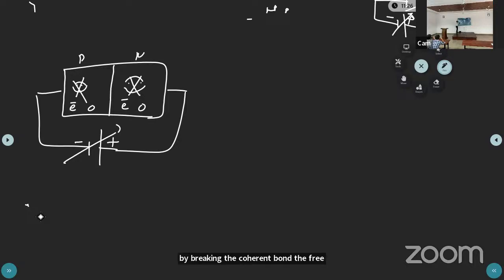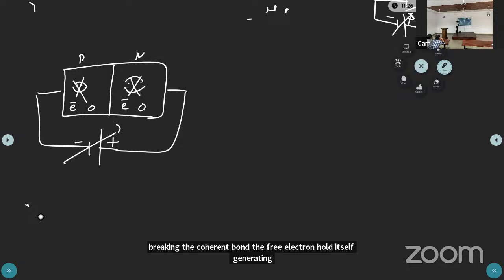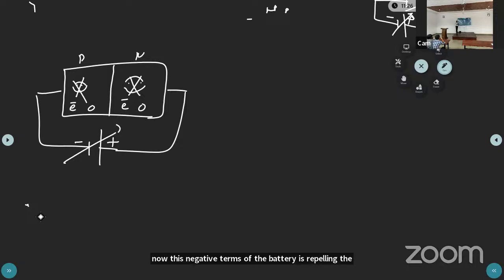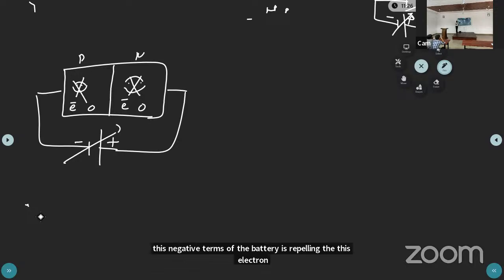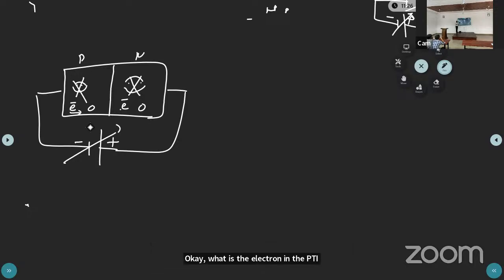Now this negative terminal of the battery is repelling this electron. What is the electron in the p-type semiconductor? Minority charge carrier. In the p-type semiconductor, the majority charge carriers are holes. Minority charge carriers are electrons. Now the minority charge carriers are moving towards the depletion region.